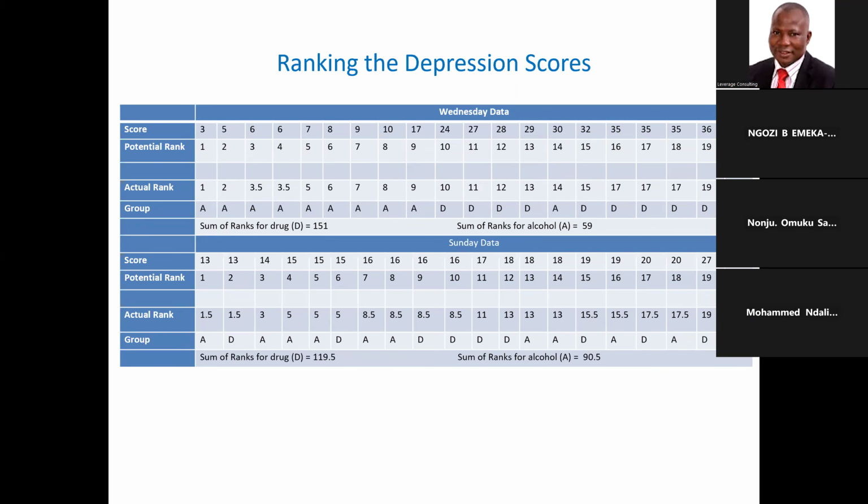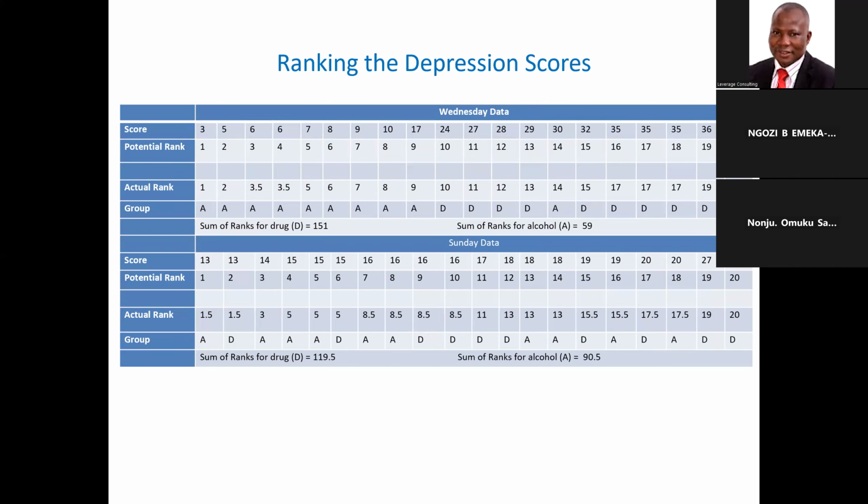So if you now add all the ranks together, for the drug we put D, just to differentiate, and the alcohol we put A. So if you add all the ones that are alcohol together, it's 59.